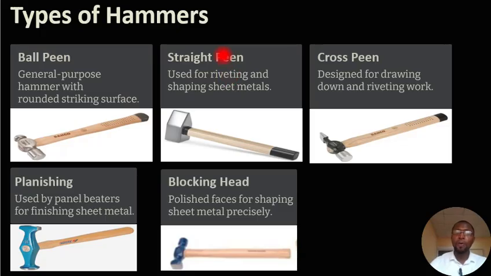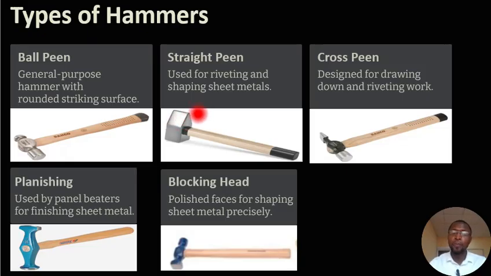The second type of hammer we have is called the straight pin hammer. This is it here. It's used for riveting and shaping sheet metals. If you want to give metals a particular shape, you use this type. You see the pin shape here.